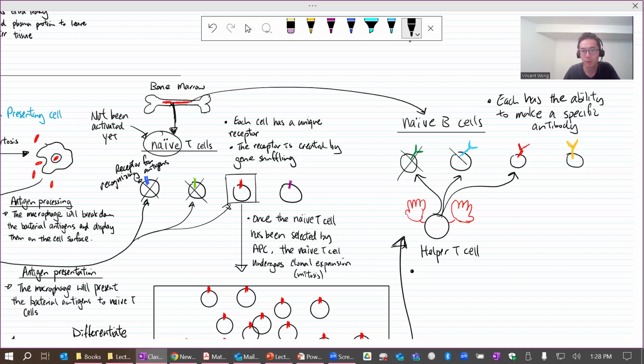Like this guy can't help, this guy can't help, this one gets selected. So it will choose the naive B cell that has the correct antibody.